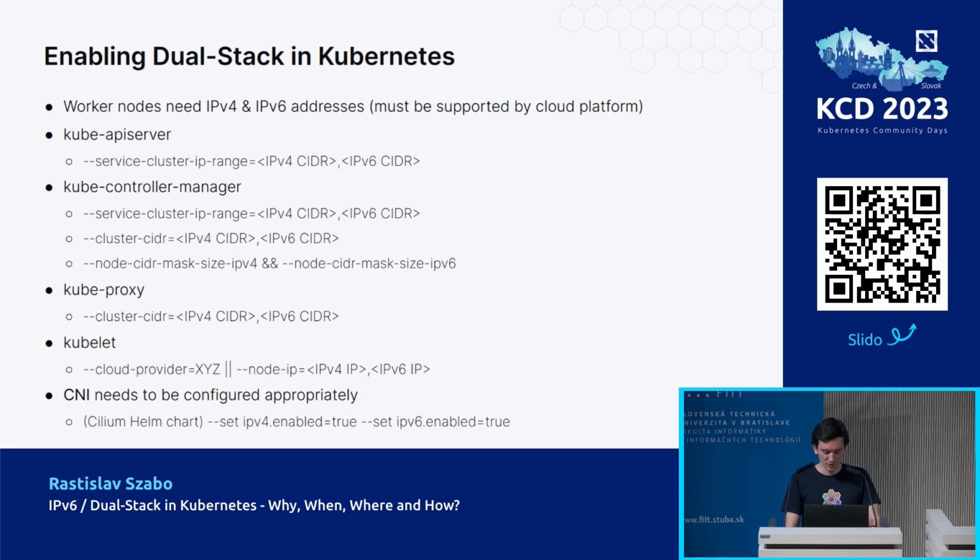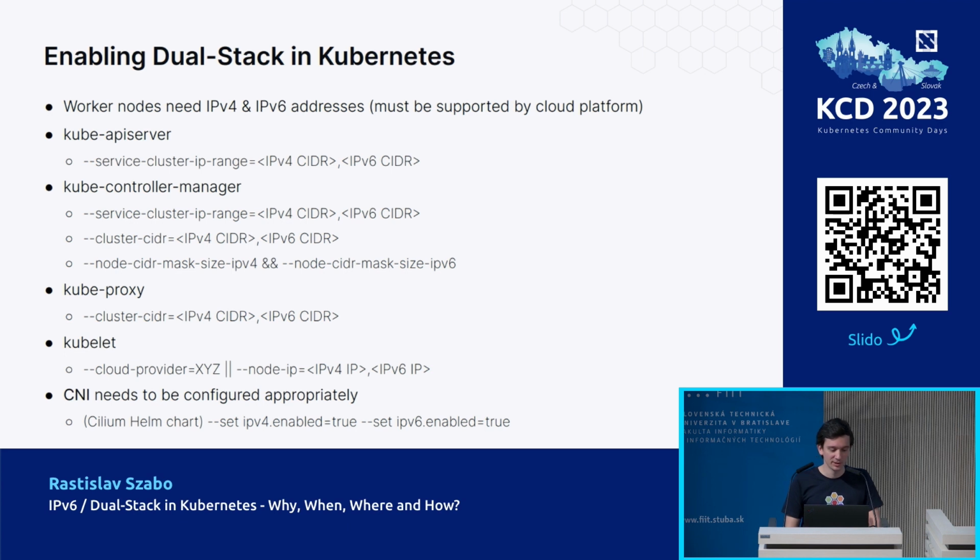Okay, now how you can enable DualStack in your Kubernetes cluster. This slide shows how you can do it the hard way. Of course, in case you are using some smart Kubernetes platform, which allows you to do it with a single click, that's possible for some platforms. But in general, your worker nodes need to have both IPv4 and IPv6 addresses, for which you may need some support from your cloud provider.